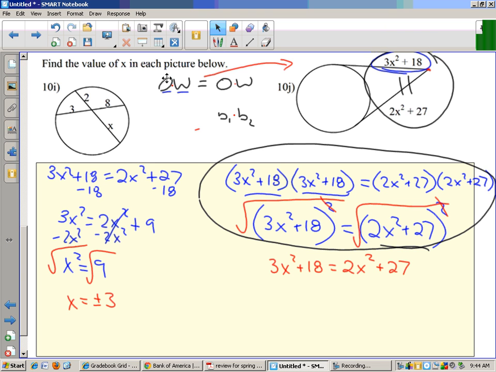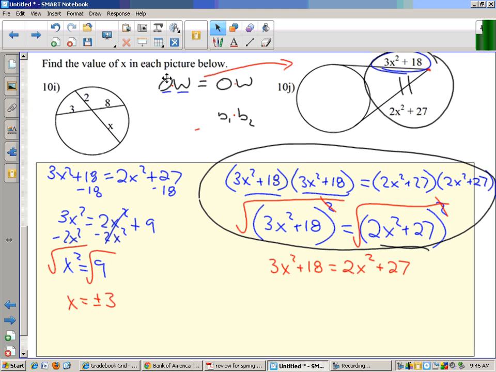So x equals positive or negative 3. So which one is it? Is it positive or negative, or is it both? Well, x is not linked on its own. I think you probably need to test both of them and figure out which one it is. Because it could be the positive or the negative.